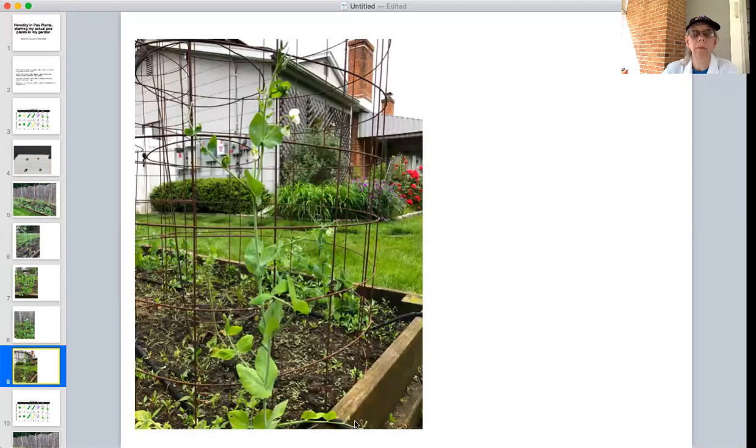Let's try one more. 1, 2, 3, 4, 5. Figure something out about this plant.